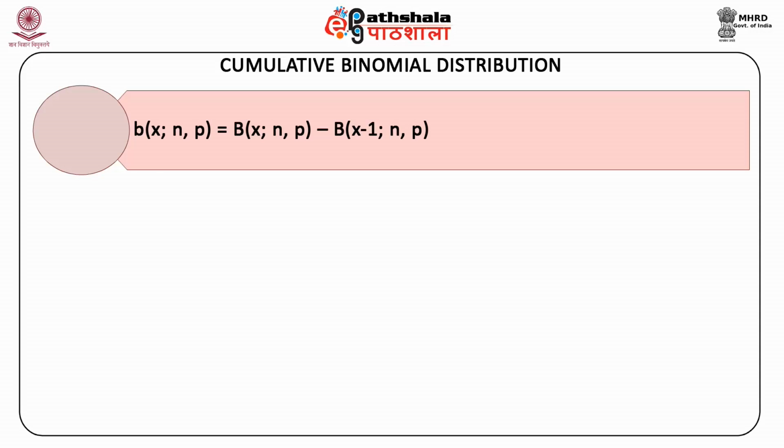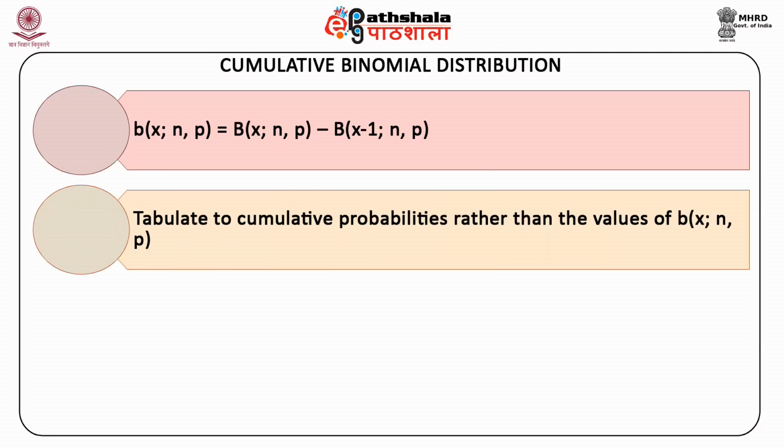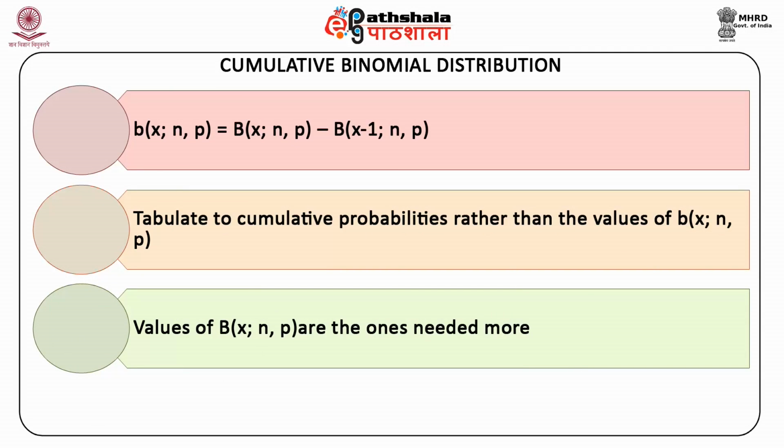That is, b of x, n, p is equal to capital B of x, n, p minus capital B of x minus 1, n, p. We tabulate cumulative probabilities rather than the values of b of x, n, p because the values of capital B of x, n, p are the ones needed more often in statistical applications.